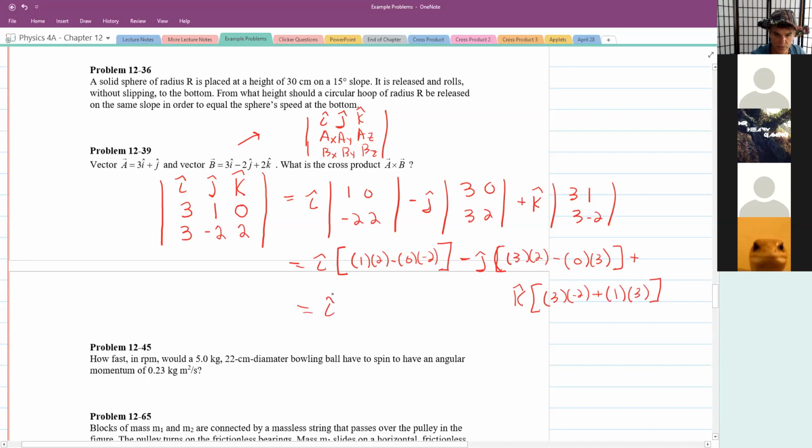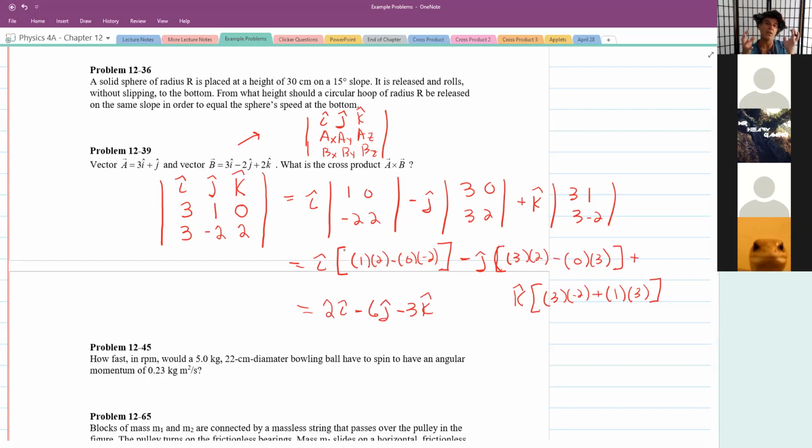So what is this? This is 2 minus 0, so this would be 2i, minus, 6 minus 0, so minus 6j, and then I've got a -6 plus 3, which is -3, so minus 3k. This would be the cross product of those two vectors.